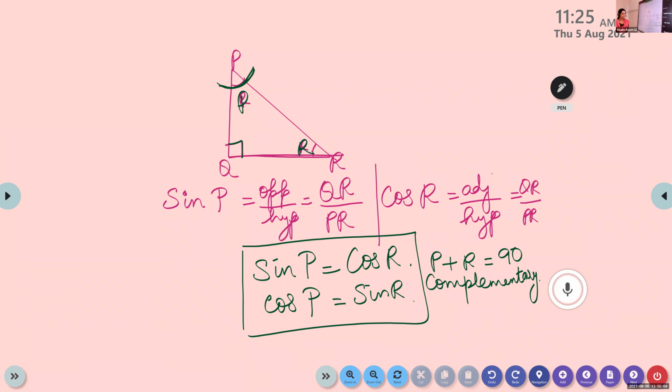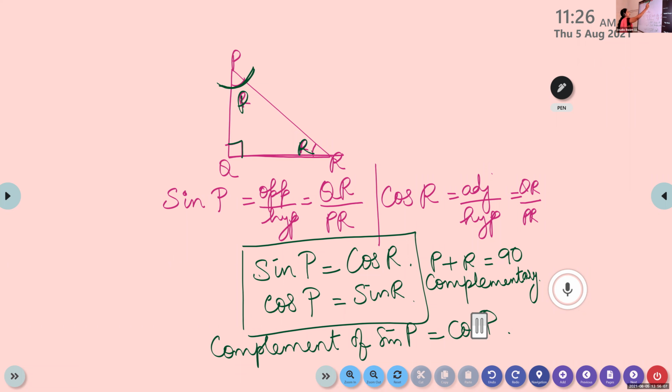Complementary angles. Okay, so the complement of angle P will be the same as cos P. P plus R is 90. Complement means you take this as 90, 90 minus P you will take. The complement of sine P will be the same as cos P. Okay, this point you note it down, children.